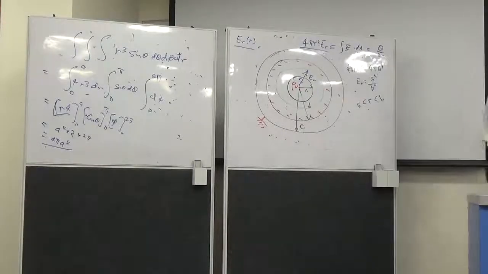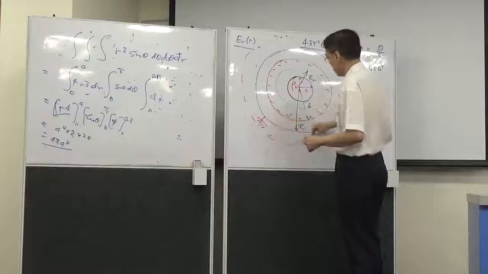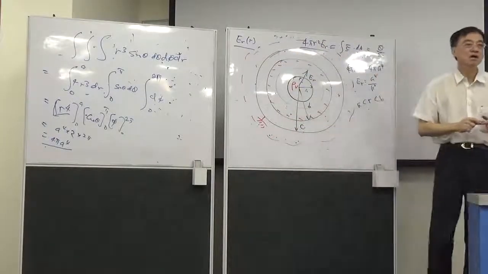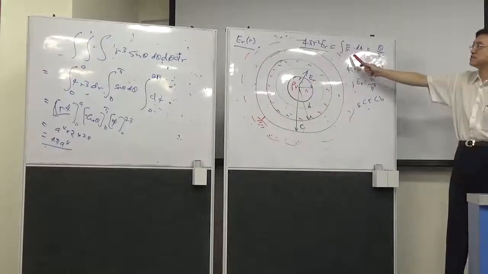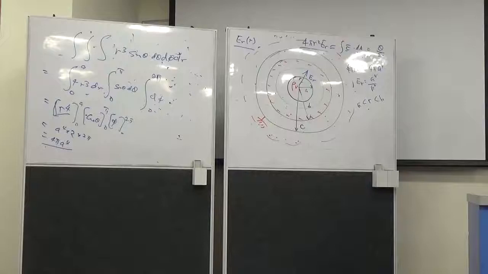Okay. Now, what happens for R greater than C? I draw a Gaussian surface here. Now, Gauss' law, left hand side still the same, equal to 4 pi R squared ER. But what is the total charge enclosed?